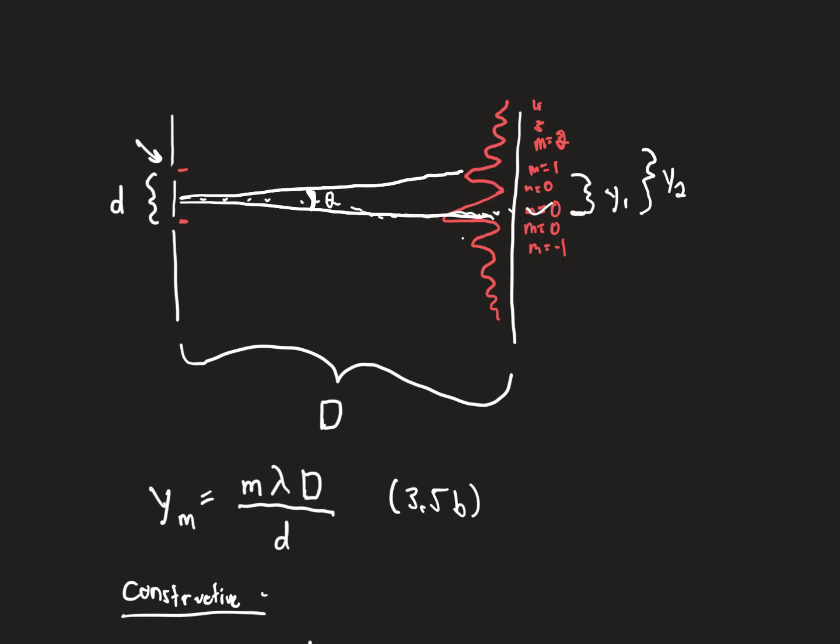Okay, so we are drawing a right triangle, from the center to the first order bright spot. And that angle is theta.